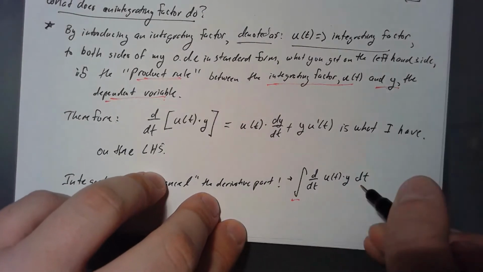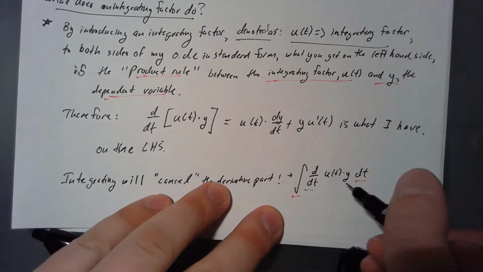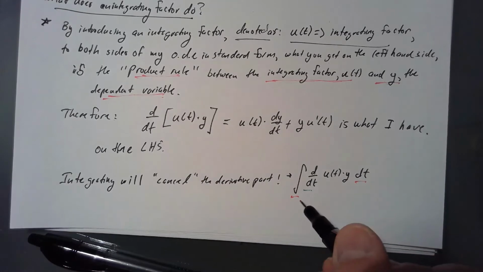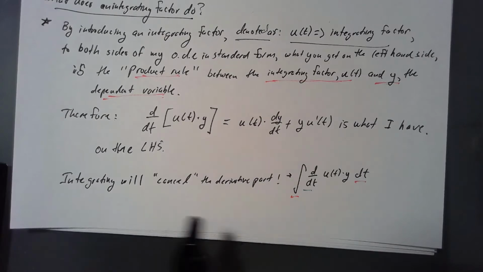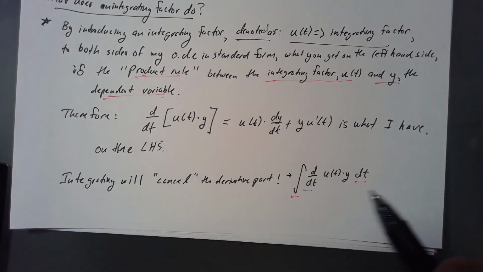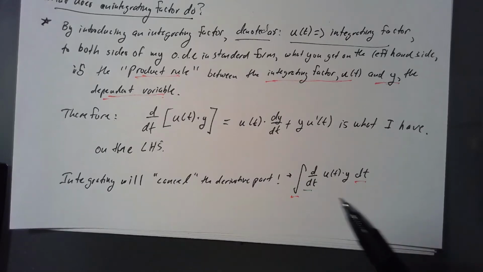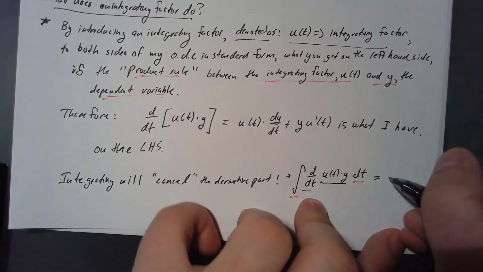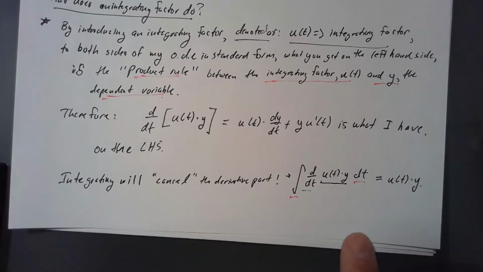This right here is the integral part. This right here is the derivative part. So the integral of a derivative cancel each other out. Now remember, the derivative of an integral is the fundamental theorem of calculus from Calc 1. But the integral of a derivative cancels out. So I'm just left with this right here. And that'll allow us to solve for y.